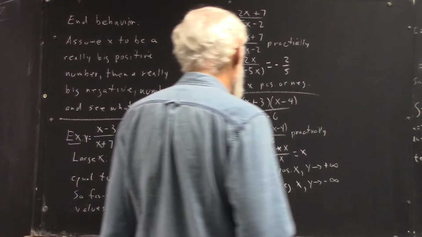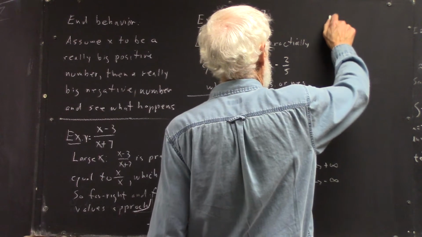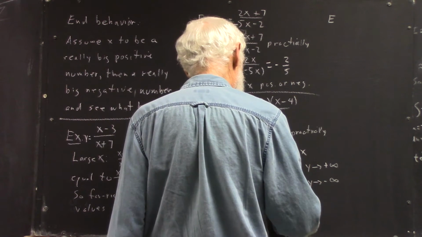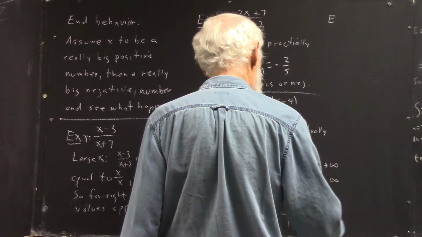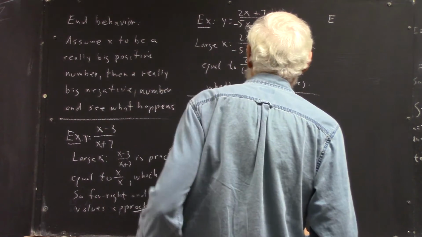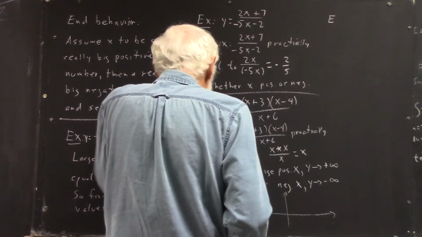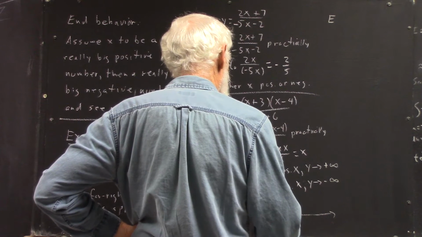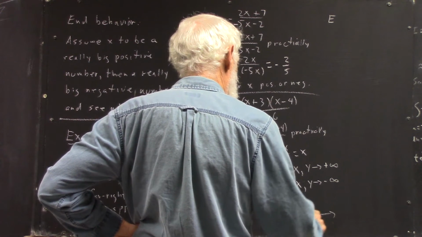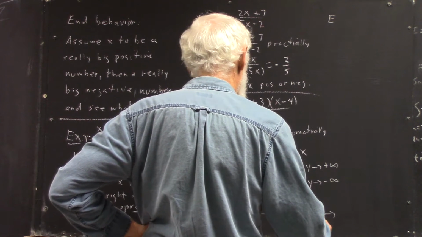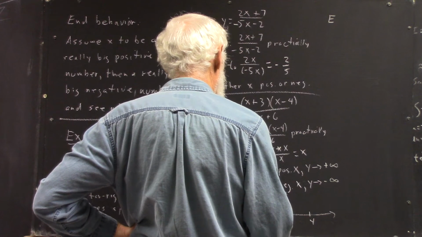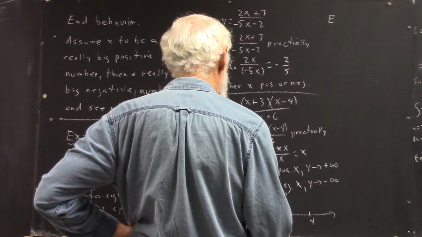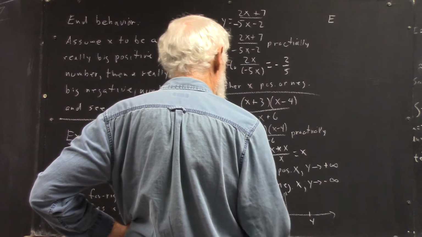Okay. Also, if I want to do this graph, excuse me, the graph goes through -3, 0, 4, 0, and has an asymptote at -6.